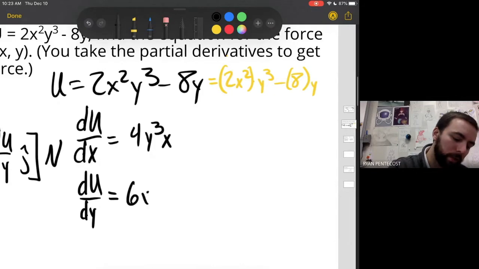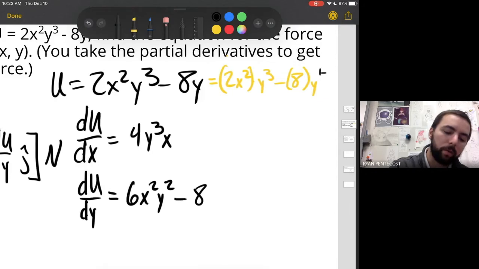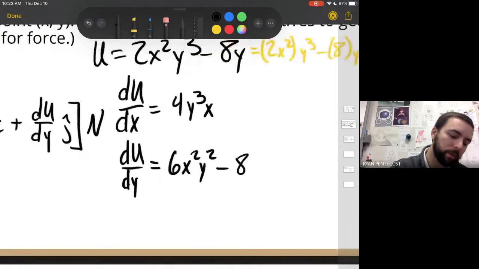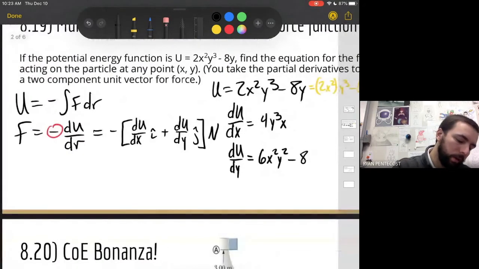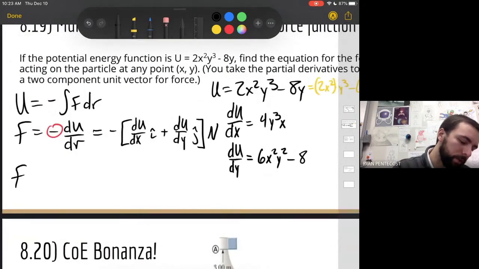You've got 6x squared y squared, minus, now if we take the derivative of this, you'd imagine there's a 1 there, so bring your 1 down. 8 times 1 is 8. Then subtract 1 from that. y to the 0 is 1. 8 times 1 is 8. So that's our derivative of those two, but now we need to plug them in to get a force equation.